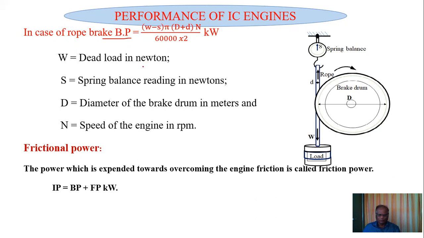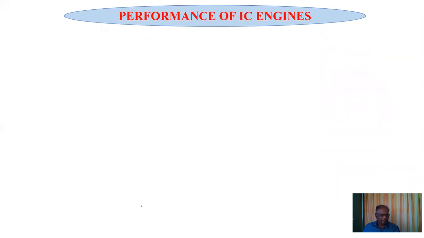You know that the net power is IP, the useful power is BP, and this is the loss. Loss plus useful power is equal to total power. Then the frictional loss is equal to total power minus useful power. Total power is indicated power, useful power is brake power. So this is how you can calculate the frictional loss of an engine.